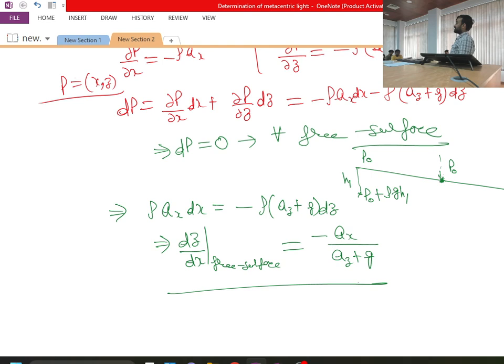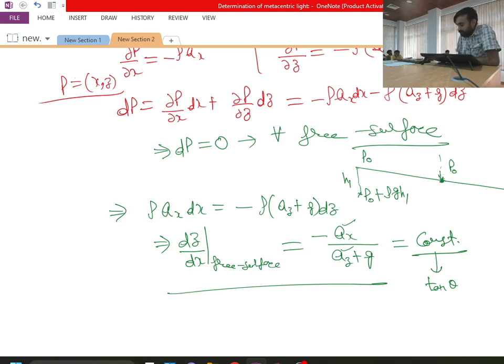Now if I say that my surface is having constant acceleration, it means that ax and az are constant, g is also constant. So dz by dx is nothing but a constant. What is dz by dx? Slope. Tangent to a point on any curve is equal to slope.